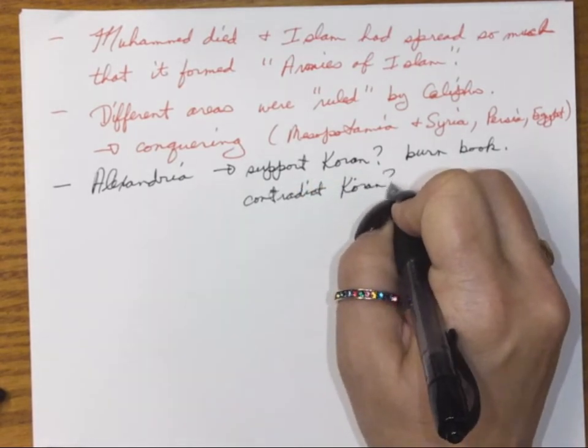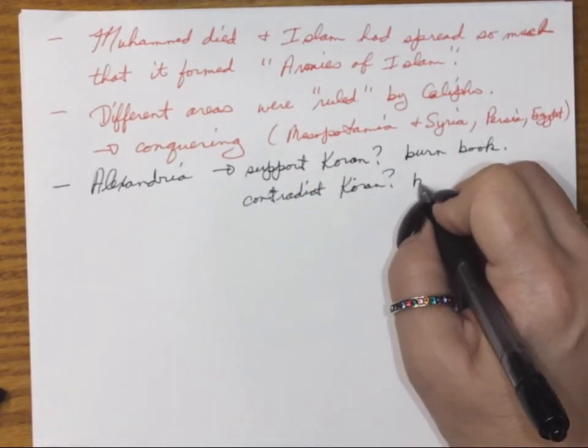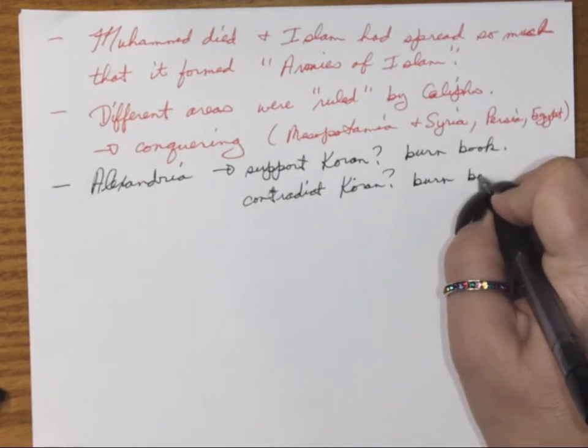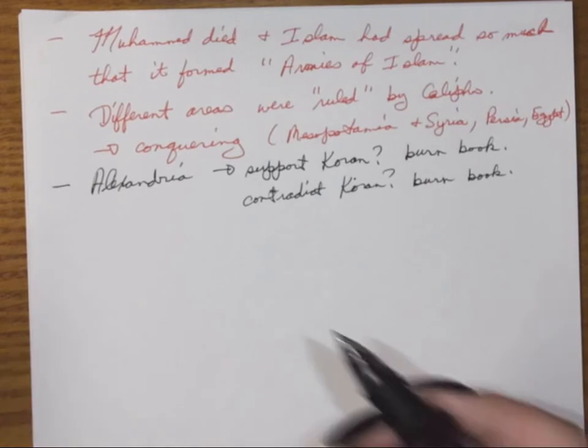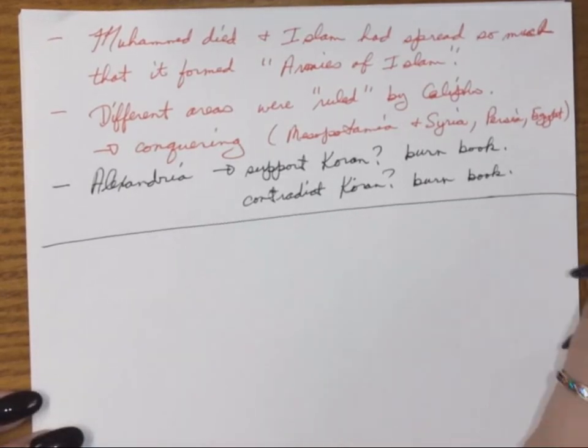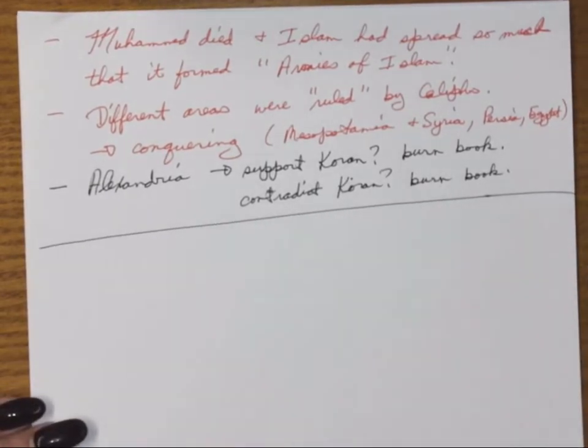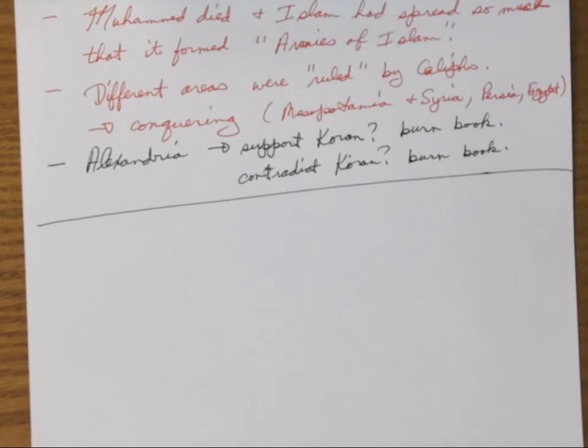Well, you're just a pagan, you're just a heathen, whatever, so we're going to burn that book. So it kind of comes down to, it doesn't matter whether you're for or against the Quran, whatever is in these writings, if it's not the Quran, we're probably going to be destroying it because we just don't believe in those things. So we've got a lot of book burning going on again, but a lot of spread of the Islam religion, the religion of Islam.